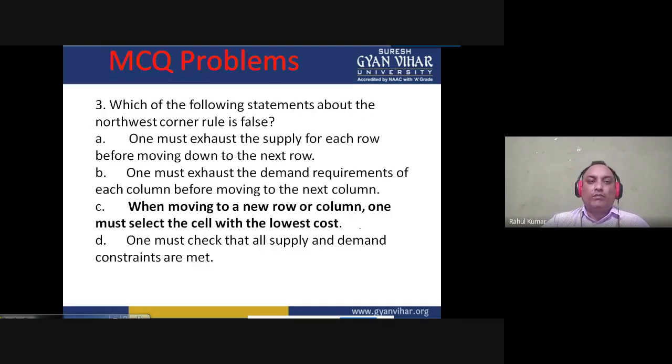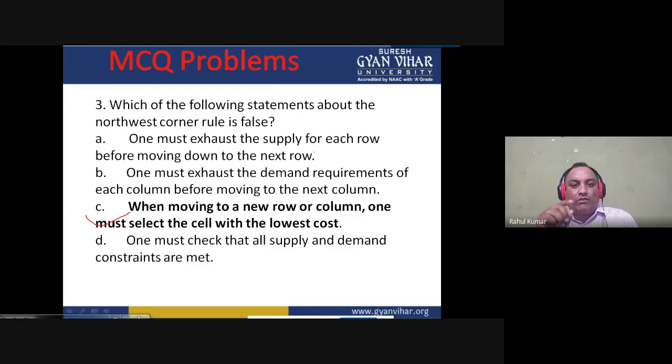Then move to the MCQ problem, question number 3. Which of the following statements about the northwest corner rule is false? The right answer for this question is C. One must exhaust the supply of each row before moving down to the next row. One must exhaust the demand requirement of each column before moving to the next column. When moving to a new row or column, one must select the cell with the lowest cost.